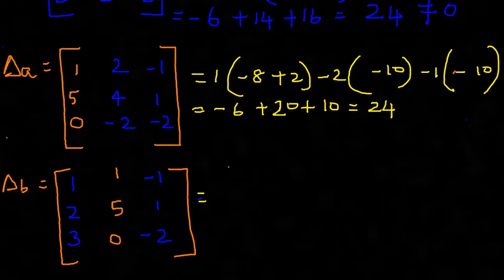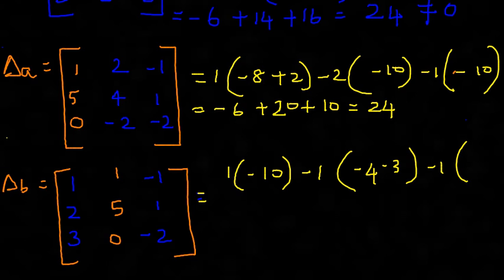What do we get? 1 into minus 10, minus 1 into minus 4 minus 3, minus 1 into minus 15. So did you get minus 10 plus 7 and plus 15? So you must get 12.